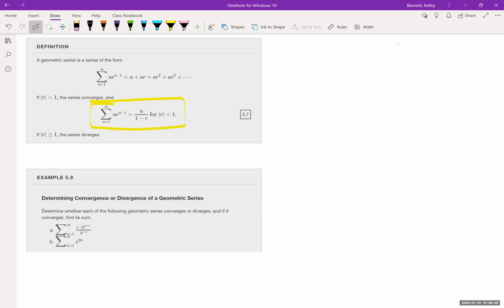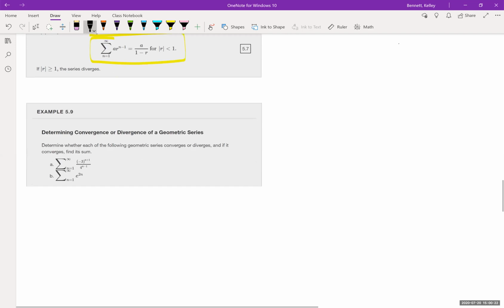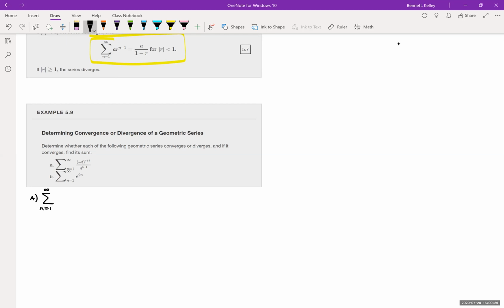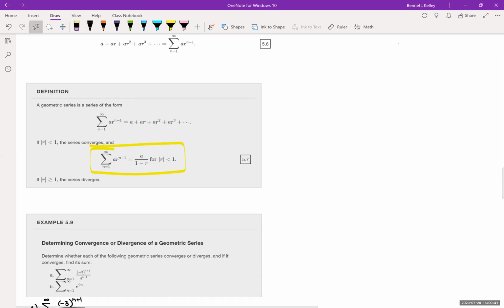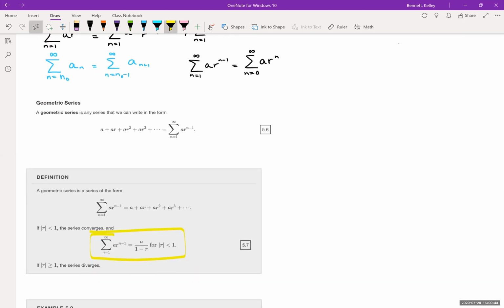The key to using geometric series and using that a over 1 minus r is that you have to manipulate it into being of the correct form. So for a, looking at our formula, we either want it to start at 0 or you want it to start at 1.